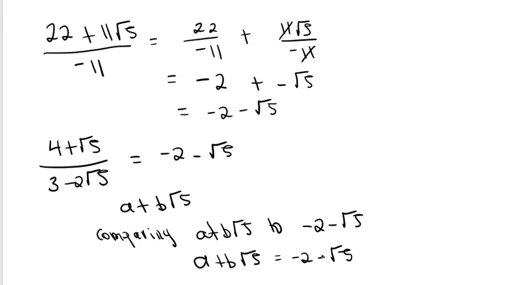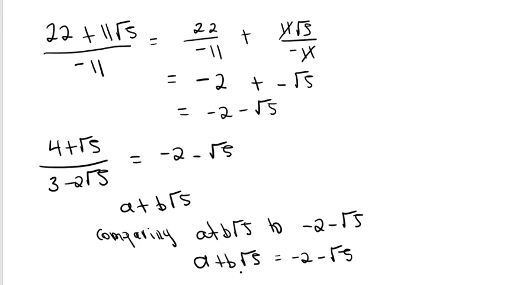We want to compare coefficients. By comparing, we can conclude that a corresponds to minus 2, and then b, which is the coefficient of root 5, will be equal to the coefficient of root 5 here. Don't think that we don't have any number here. There is a number there. That number is 1.